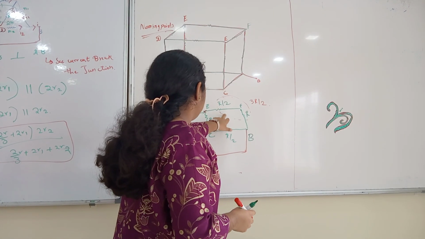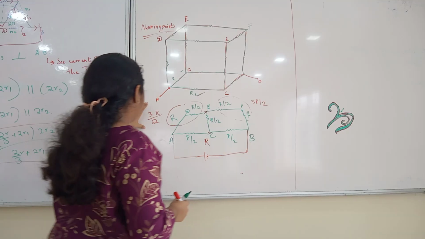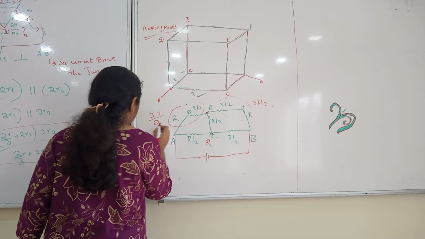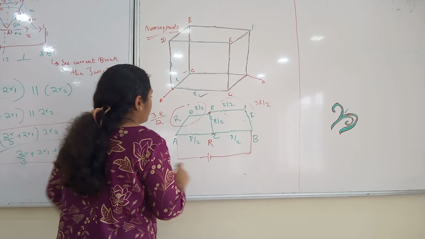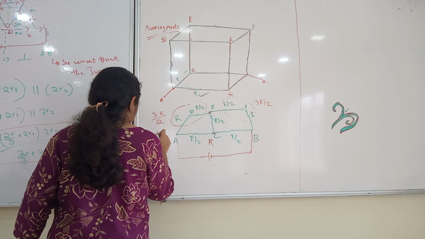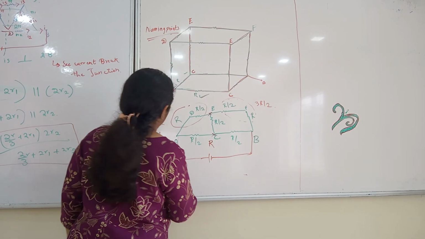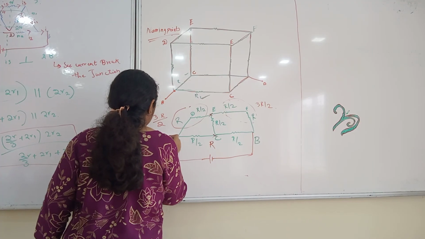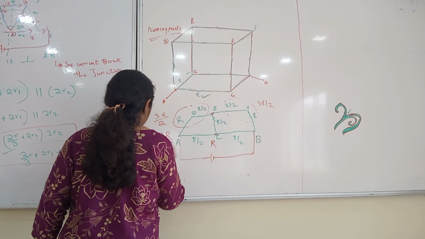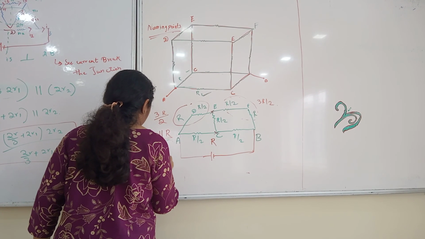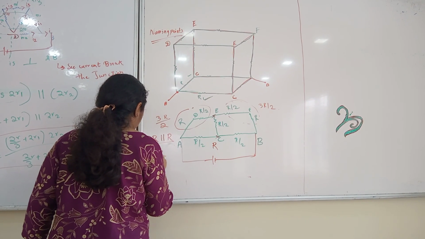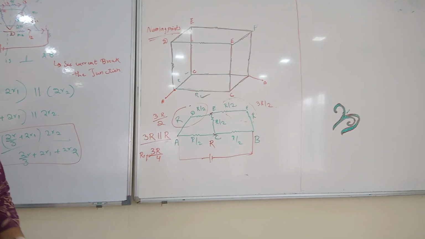This and this is series: 3R by 2, 3R by 2, 3R. 3R and R are parallel. R equivalent is 3R by 4.